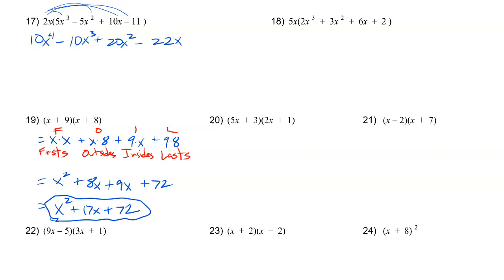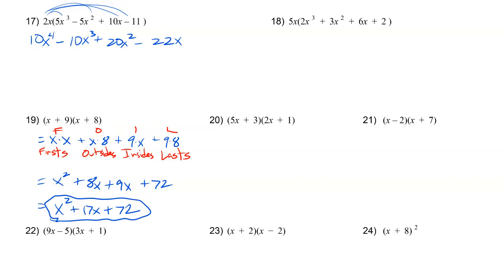It feels like such horrible grammar, reading it off like that. But I know there's a question on the test that might ask you, what would be the outsides of this problem? You're not even going to have to say a whole answer. You're just supposed to say one part of FOIL.